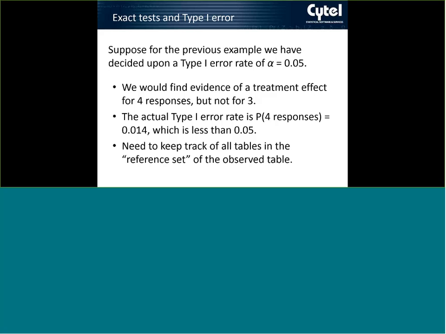So this example is just used to illustrate those 2 issues: the tendency of exact methods sometimes to be a little more conservative, and also the need to store the tables in that reference set in order to compute the exact p-value. In other words, the computational challenge that comes with that.